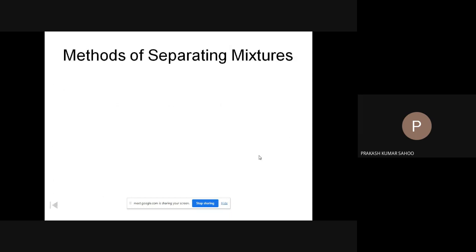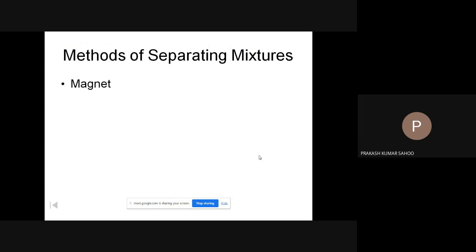Then we have the general methods of separating mixtures. The first one is a magnet. Magnetism is a very useful property to separate ferromagnetic or antiferromagnetic substances from a mixture.